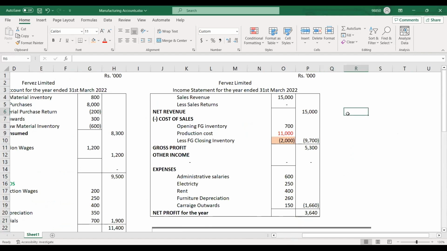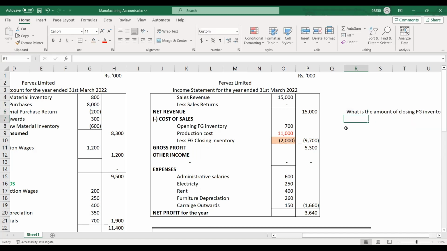If there was a part B question under this, and the question said, what is the amount of closing inventory in the statement of financial position?